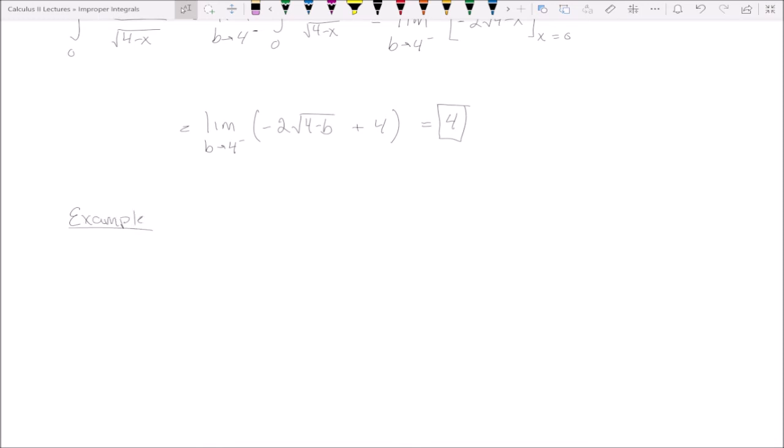Now let's look at the integral from minus 1 to 1 dx over x cubed. This has a discontinuity at 0. So let's write this as the integral from negative 1 to 0 dx over x cubed plus the integral from 0 to 1 of dx over x cubed.